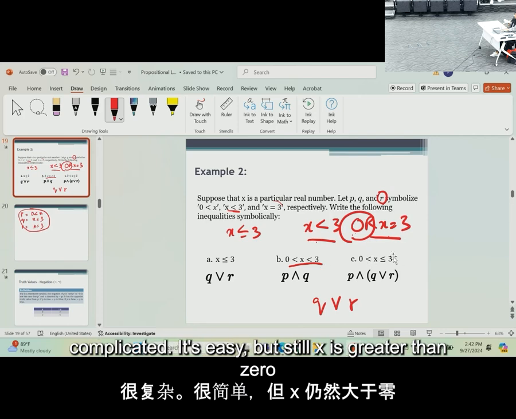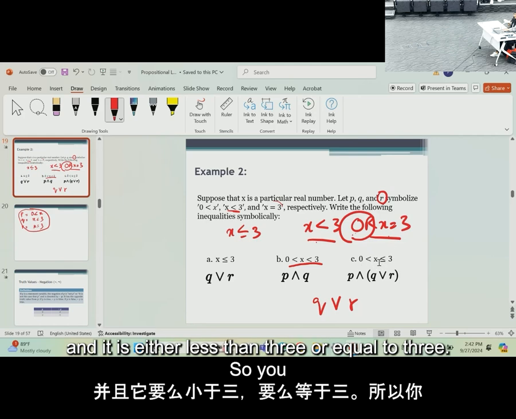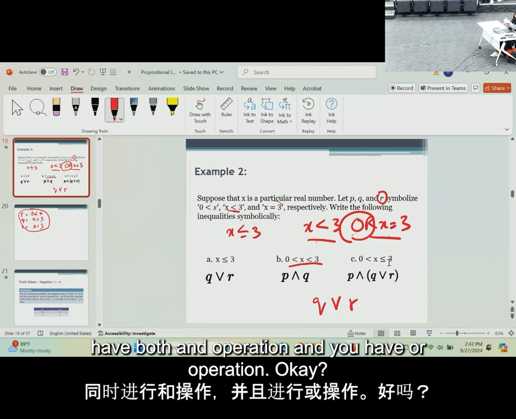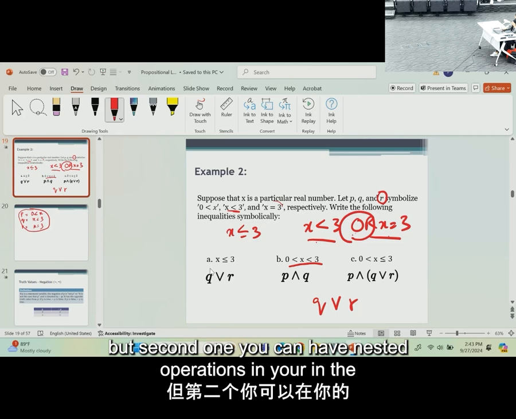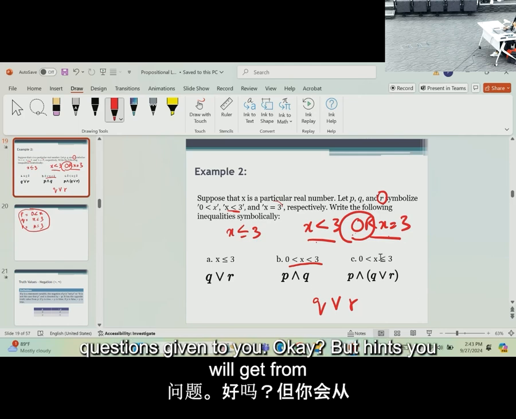This can be a bit complicated. It's easy, but still: x is greater than 0 and it is either less than 3 or equal to 3. So you have both the AND operation and the OR operation. That is why I said the first example was pretty easy, but in the second one you can have nested operations in the questions given to you.